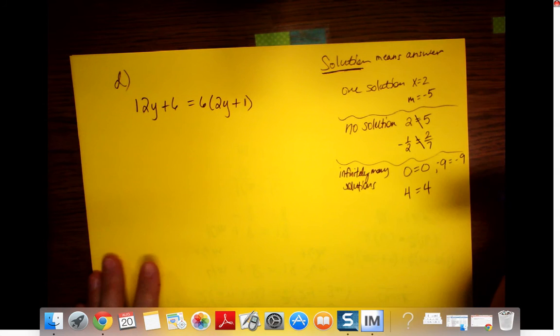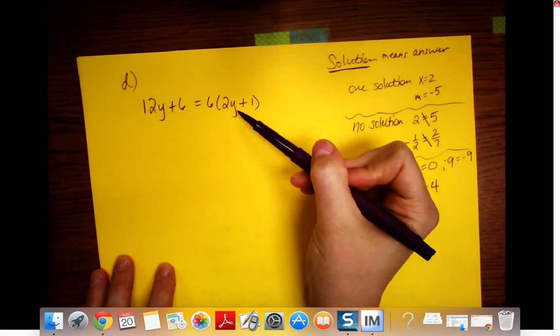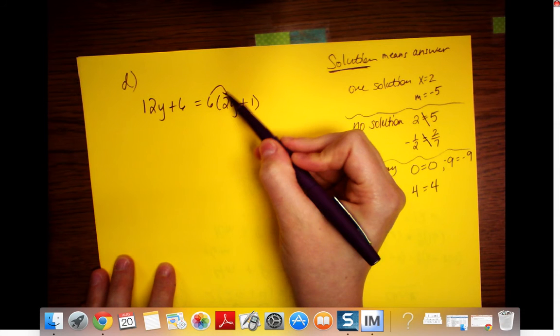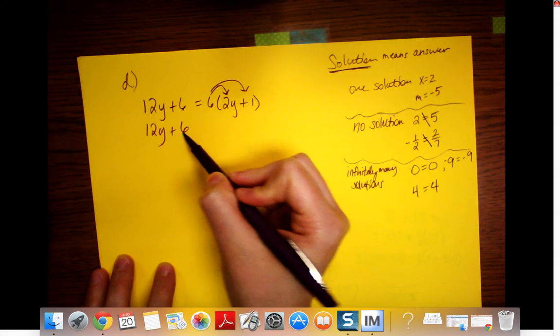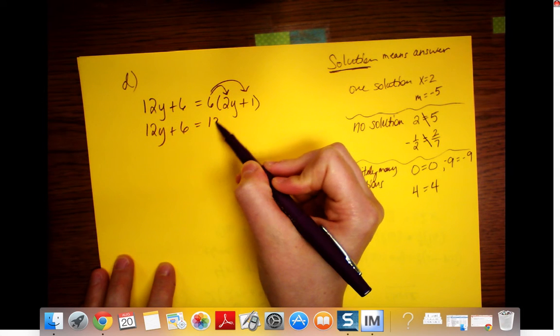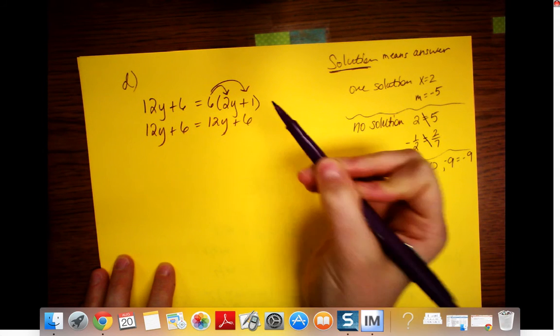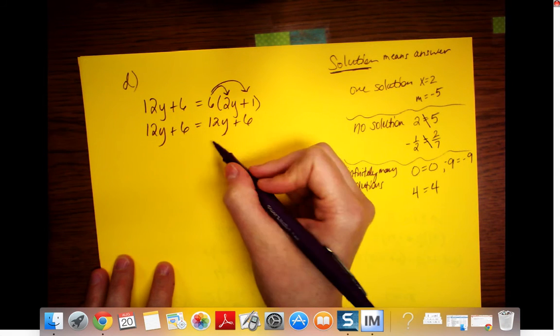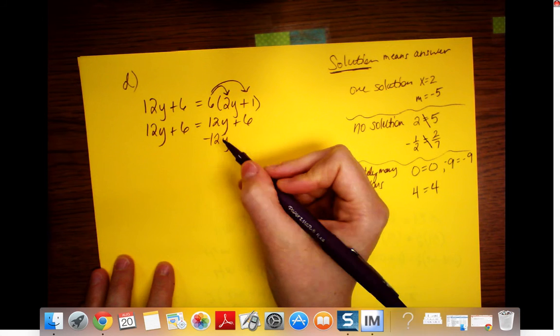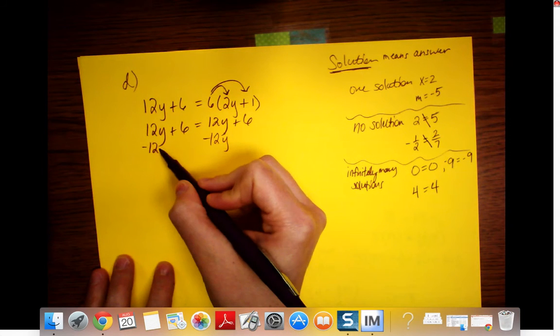Alright, so I'm going to solve this. So remember, if you have the distributive property, we need to do that first before we start solving. So it's 12y plus 6 equals 12y plus 6. Alright, we're going to try to bring our variables together, so we have to do the opposite operation. So I'm going to subtract this 12y and take it away from both sides.